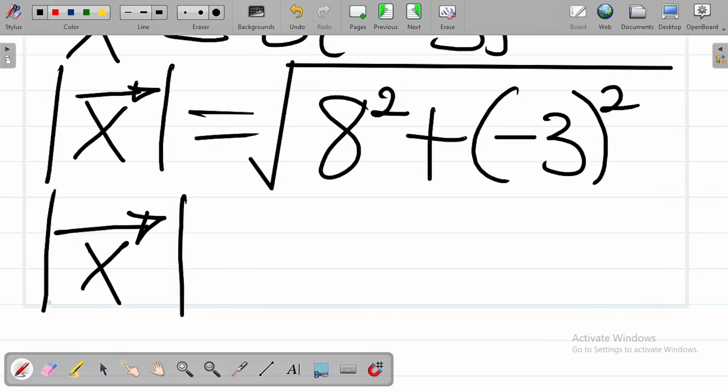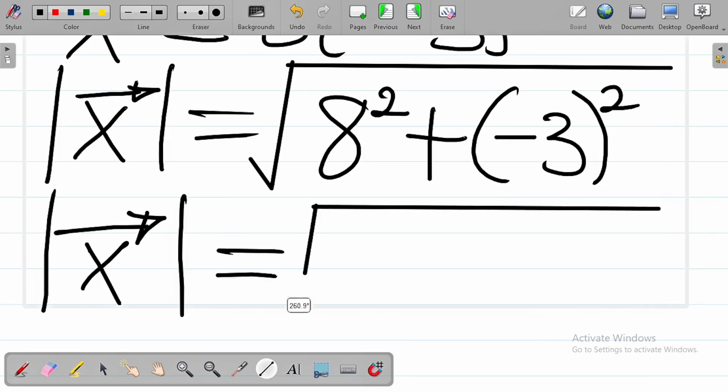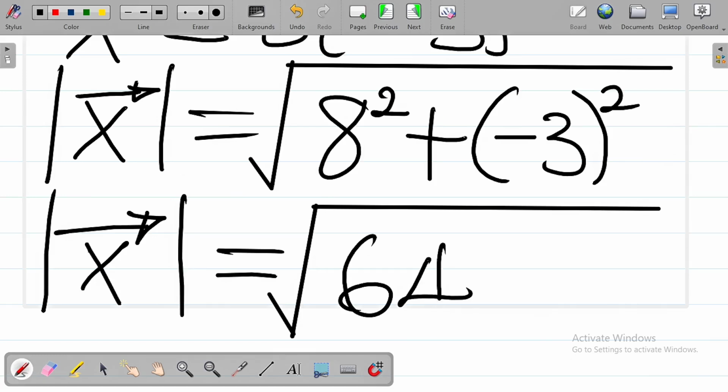So the magnitude of vector x is equal to 8 raised to power 2 is 64, and then plus negative 3 raised to power 2 is 9.